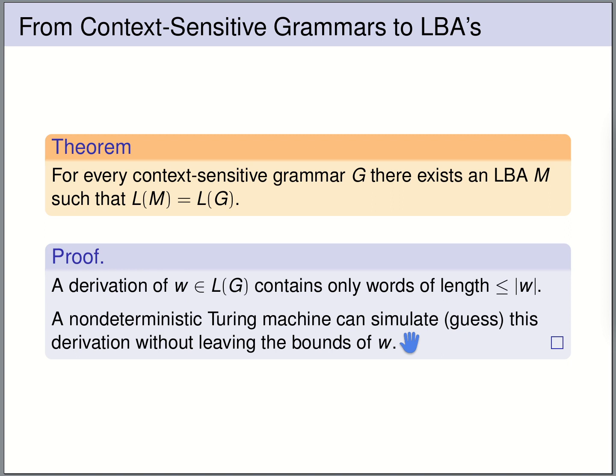We simply start from the starting variable and we start deriving, we start applying rules. And this works because in this derivation of w, we never have to consider words that are longer than w. So this means our linear bounded automaton never needs more space than just the input word itself.